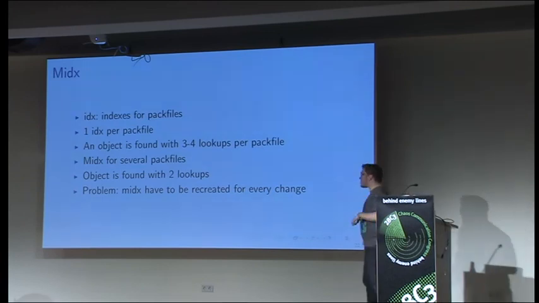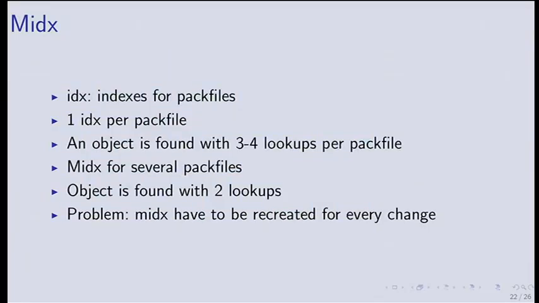Do you remember the pack files in Git? Every pack file is just objects written out one after another, and index files are indices for these pack files. If you want to look up an object in a pack file, you need about 3 to 4 lookups per pack file. In a big backup set, you can have several pack files.